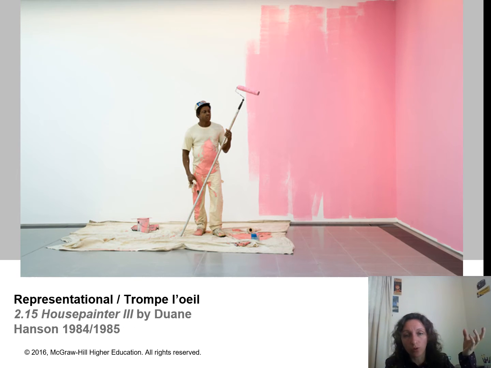Next is trompe-l'oeil. Trompe-l'oeil is a French term which means to fool the eye, so there's a little bit of trickery involved. This is representational trompe-l'oeil, and this is The House Painter by Duane Hanson. This entire thing that you see here is all set up.